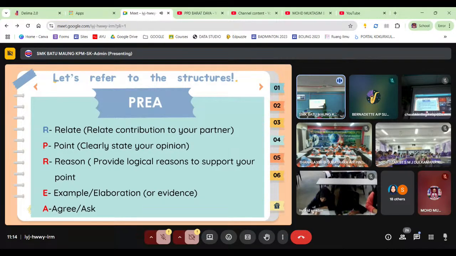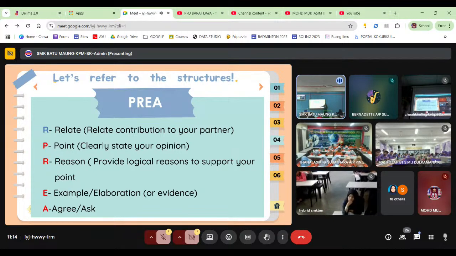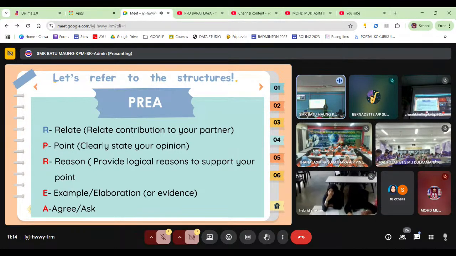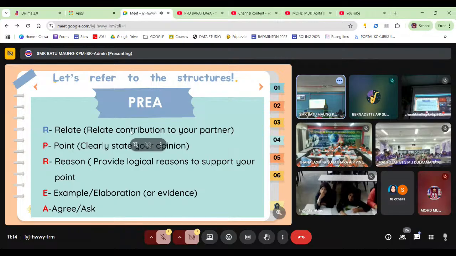And E stands for example. And let's say if you couldn't find any example, provide further elaboration for the reason given. A stands for ask or agree. Okay, point, reason, example, further elaboration, ask and agree.